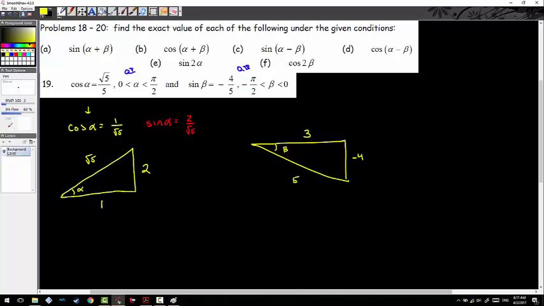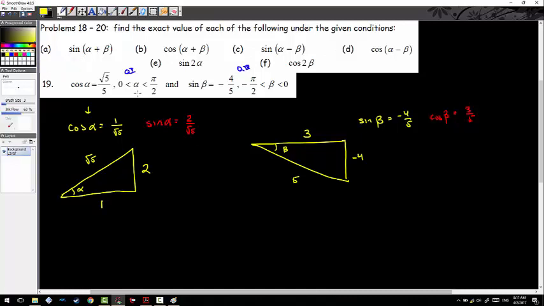Also, remember, they gave to us that sine of beta was negative 4/5, which means from here I can find cosine of beta to be 3/5. And again, why is that important? It's important because sine of beta and cosine of beta are inevitably going to be showing up somewhere between A and F.